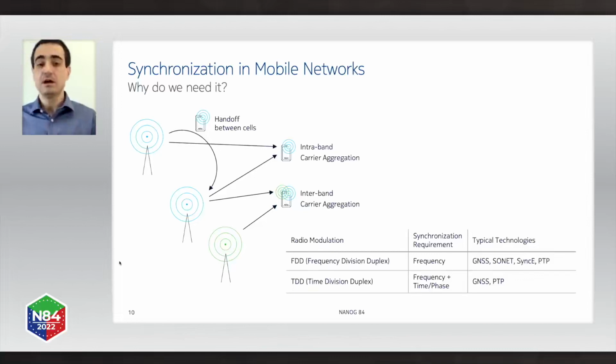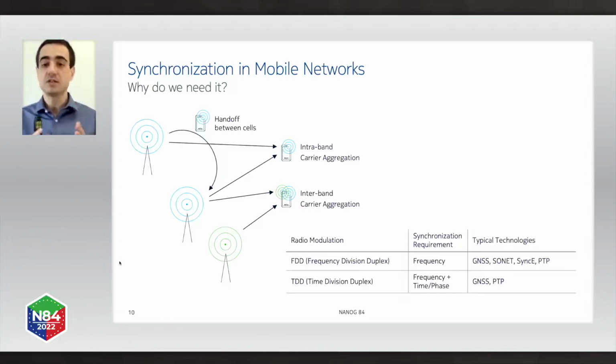It's also important to note that there are two types of synchronization. And they highly depend on the type of modulation that the radios use. So if the radios use FDD, which was used a lot more in 4G, that was the predominant type of modulation for 4G. FDD is frequency division duplex.